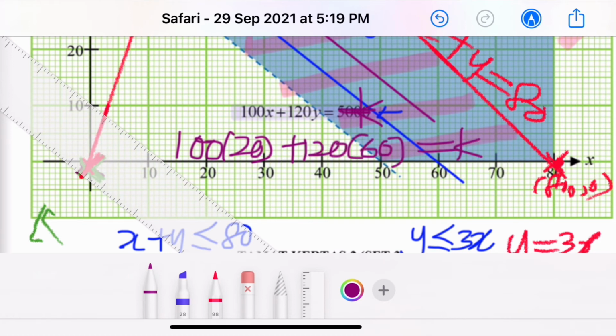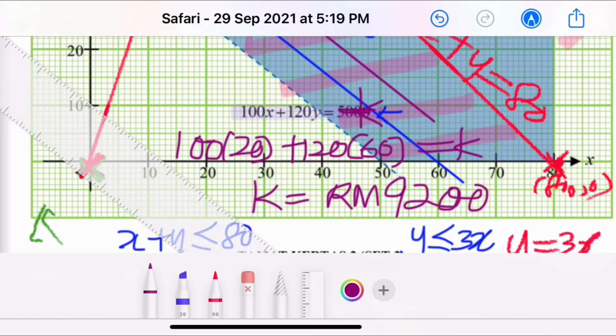So let's press the calculator. 100 times 20 plus 120 times 60, and we will get Ringgit Malaysia. So the K is RM9,200.